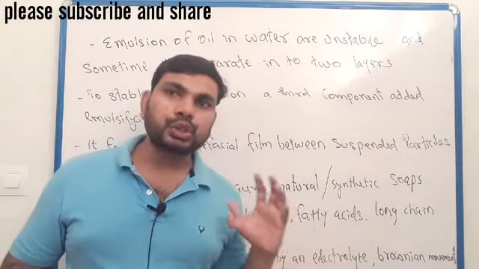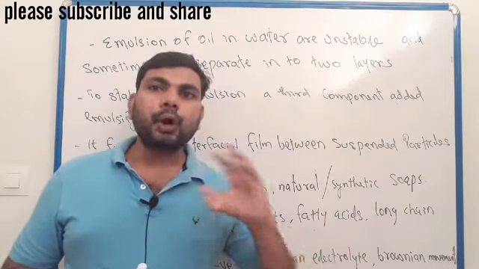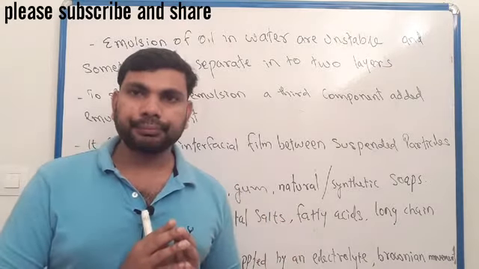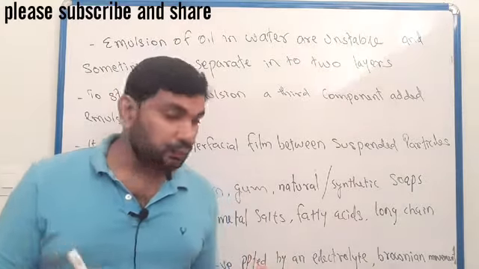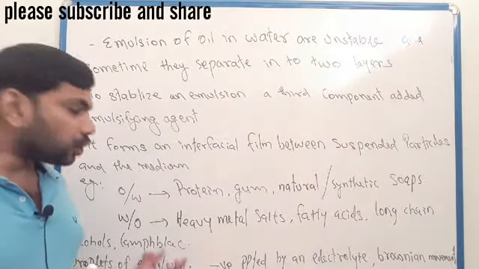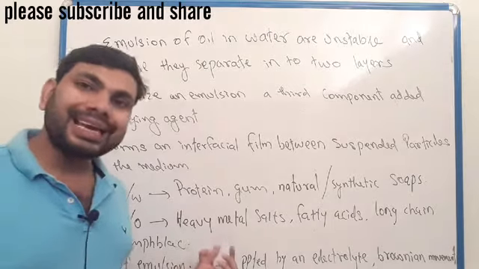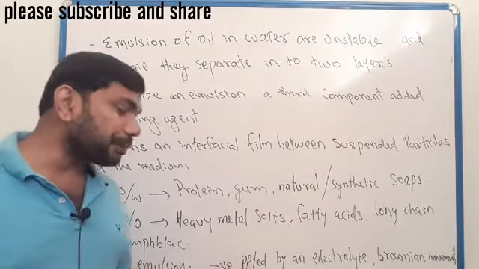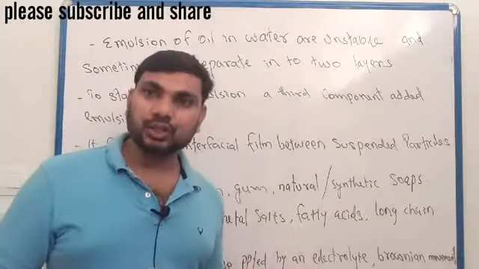Here we have to talk about some properties of the dispersed phase of an emulsion. This dispersed phase we call droplets of emulsion. Droplets of emulsion are negatively charged. They are precipitated by the addition of electrolyte.